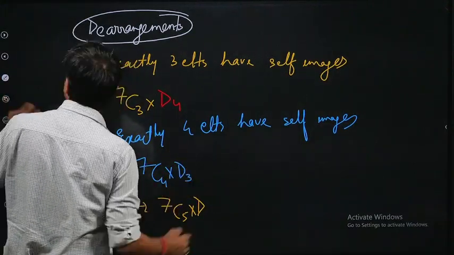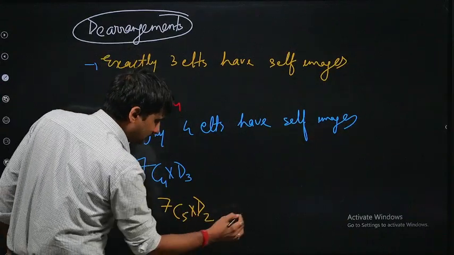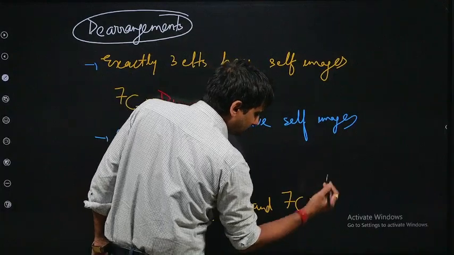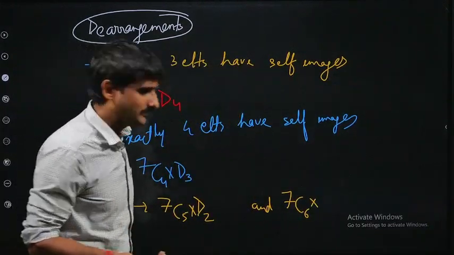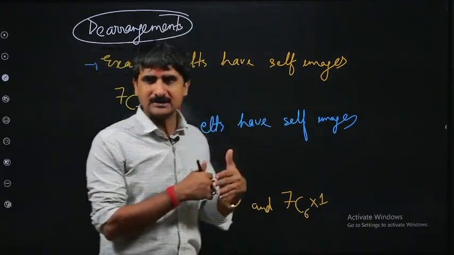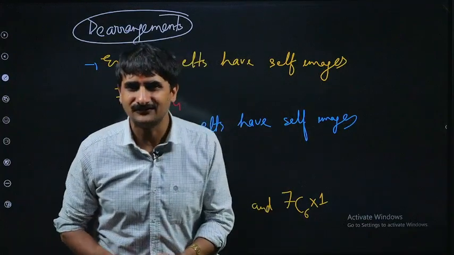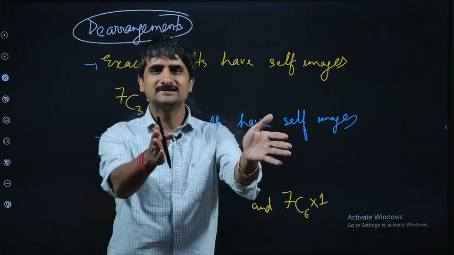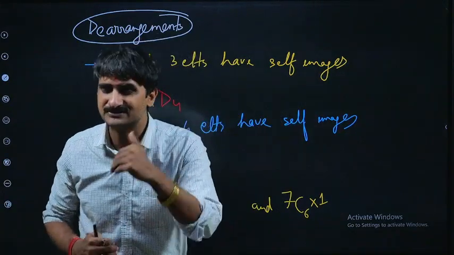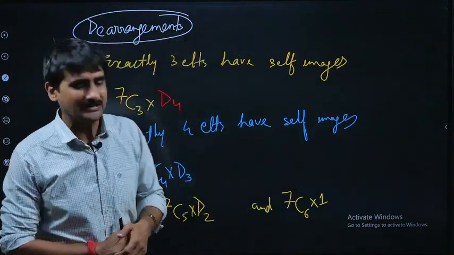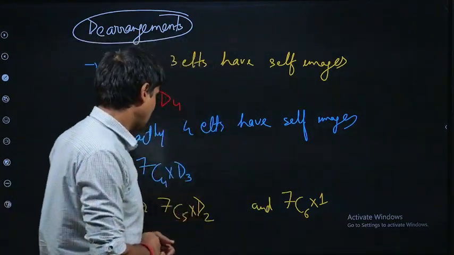Similarly for 5 self images, 7C5 into D2, and 7C6 into D1. Now there is no way out of it, so it's into 1. Because if you put 6 objects out of 7 at their places, from 1 to 6 at their slots, then 7 has to go to its slot. There's no other way. So that's one way of doing it.